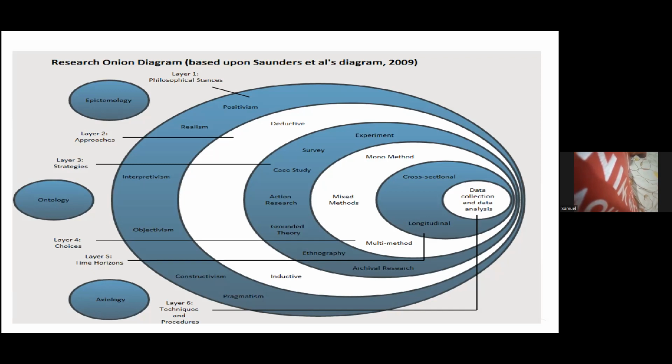There will always be some guiding philosophy working in the background and affecting the way he chooses the rest of the other parts of the research process, like which method to use in the research, whether to use a case study or to carry out a survey, whether to use mixed methods, to use a single method, and so on.